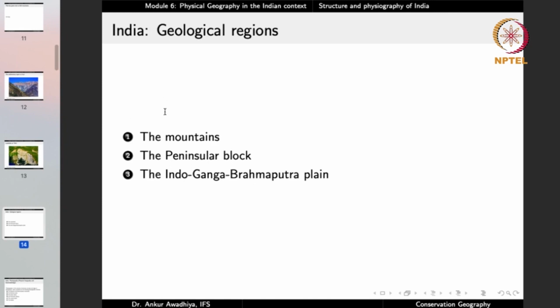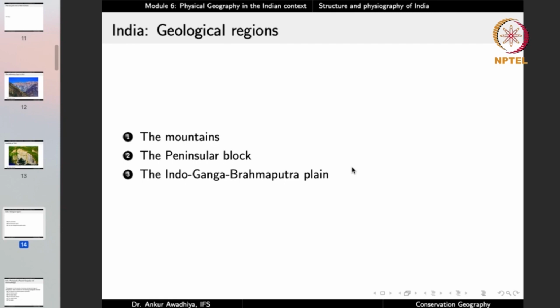So, as we have observed, the mountains are made out of sedimentary rocks that have been folded. The peninsular block is comprised primarily of very old rocks, typically those that have also arisen because of the basalt flood plains. And the Indo-Ganga-Brahmaputra plain has been formed because of a large amount of alluvial deposits.